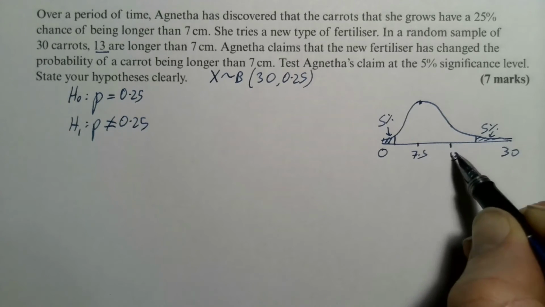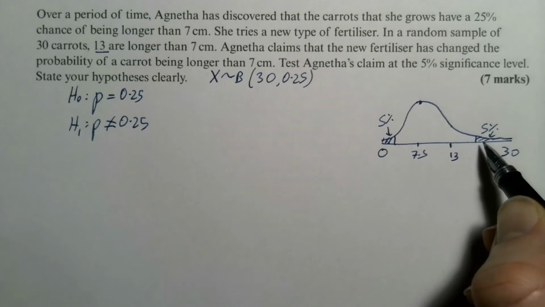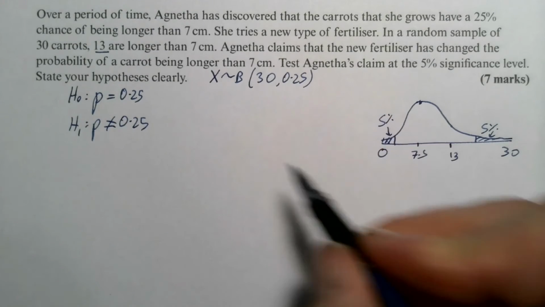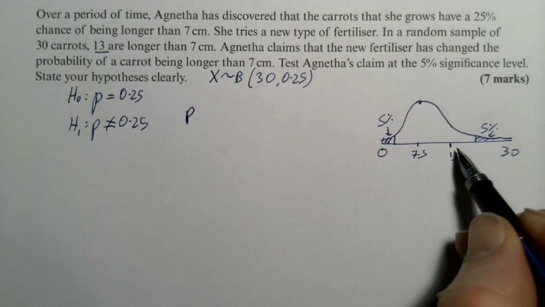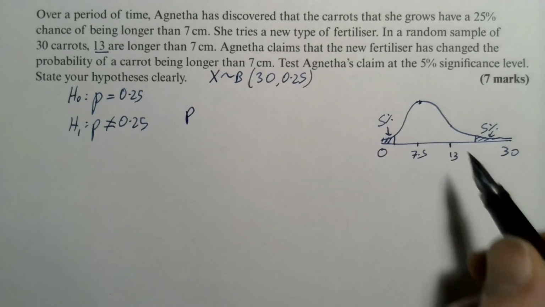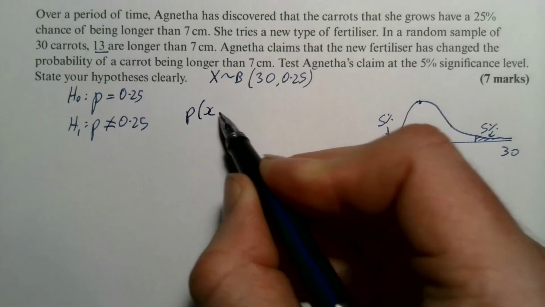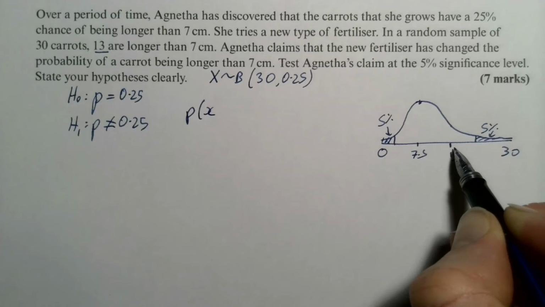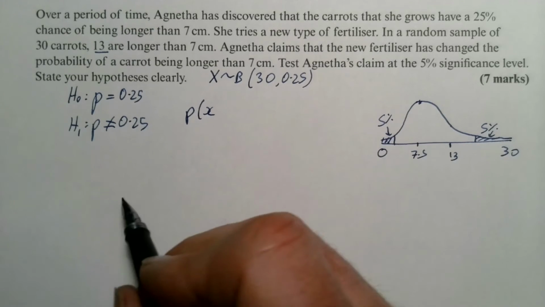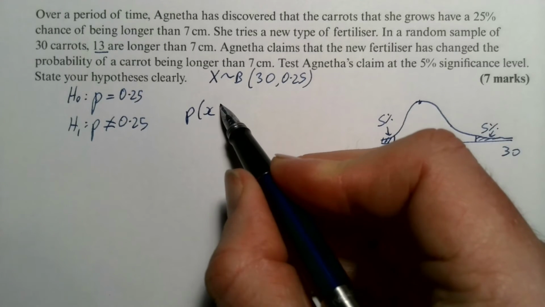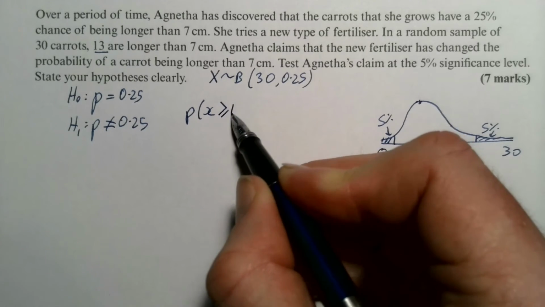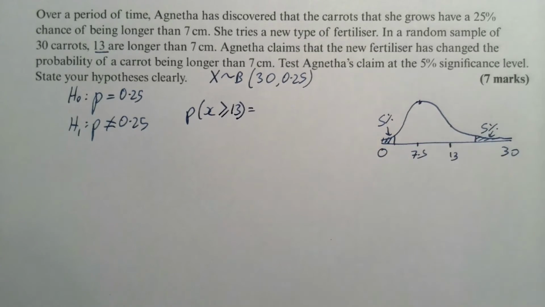But is that actually within that 5% zone? That's what we're thinking about. That's important because that is more than we would expect. So therefore, we're not going to be looking for the probability between 0 and 13. We're going to be thinking between 13 and 30. So we're thinking the probability that x is more than or equal to 13.